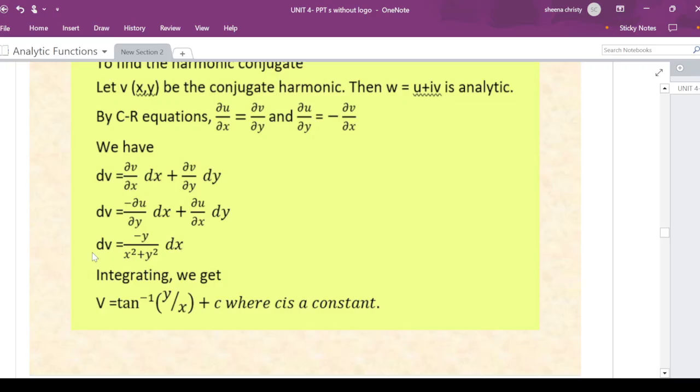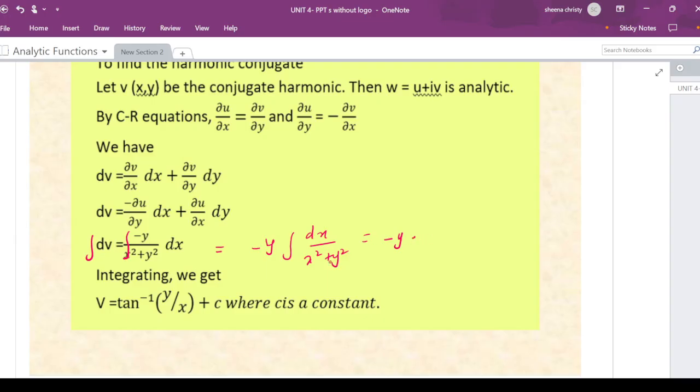Now integrating on both sides, you will get v equal to the integral of minus y by x square plus y square dx. So this is going to be minus y, a constant when you are integrating with respect to x, times the integral of dx divided by x square plus y square, which is nothing but 1 by a tan inverse of x by a.